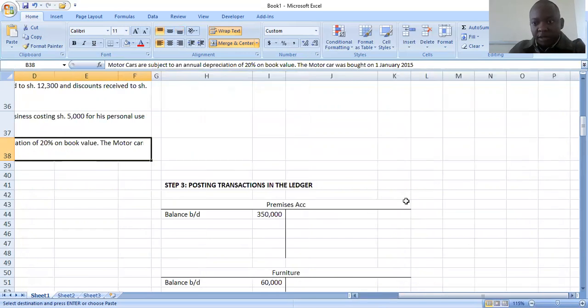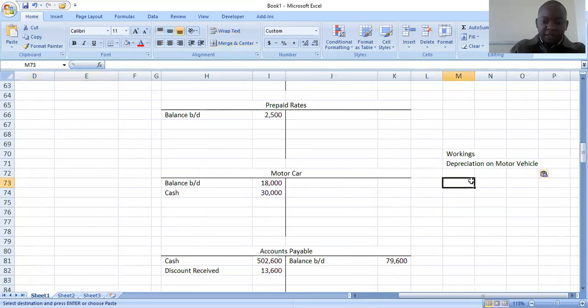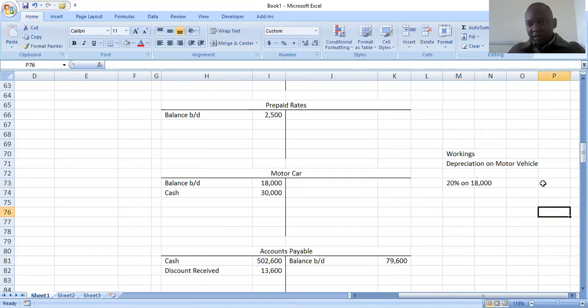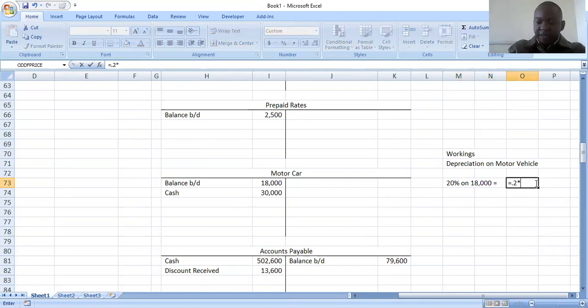So 20% on the motor vehicle at the beginning, that is 18,000, is 0.2 times 18,000, which is 3,600. That is the depreciation on the old motor vehicles.